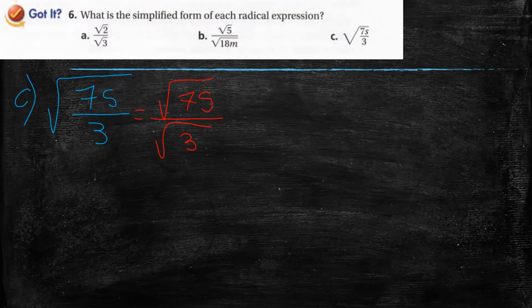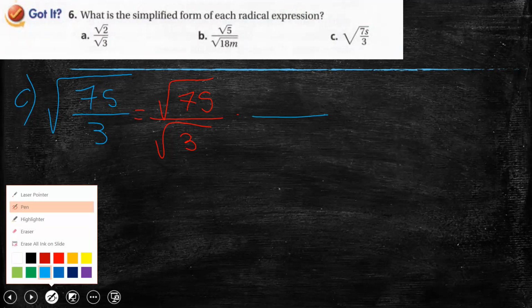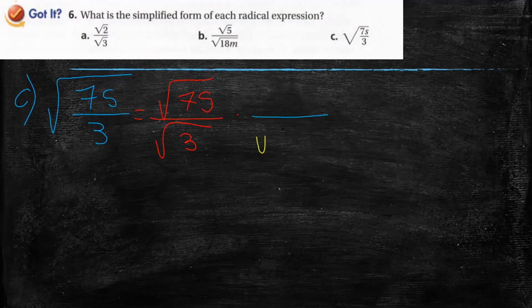Then, what is the square root in the denominator? Square root of 3. So since I multiply down by square root of 3, I will multiply up by square root of 3.